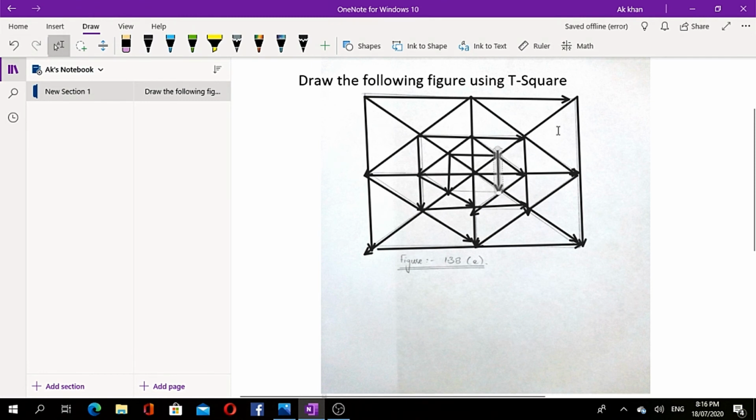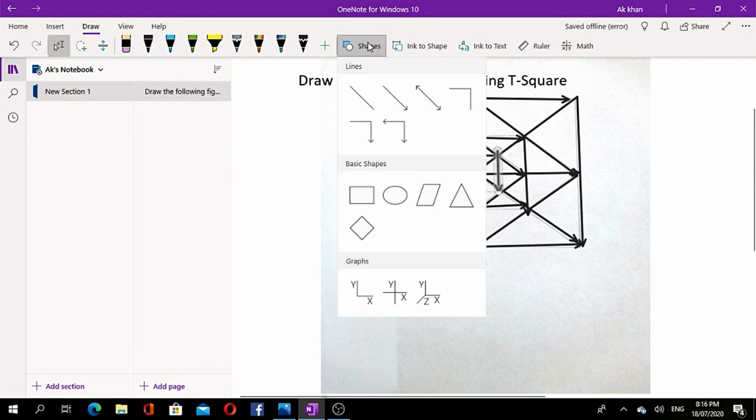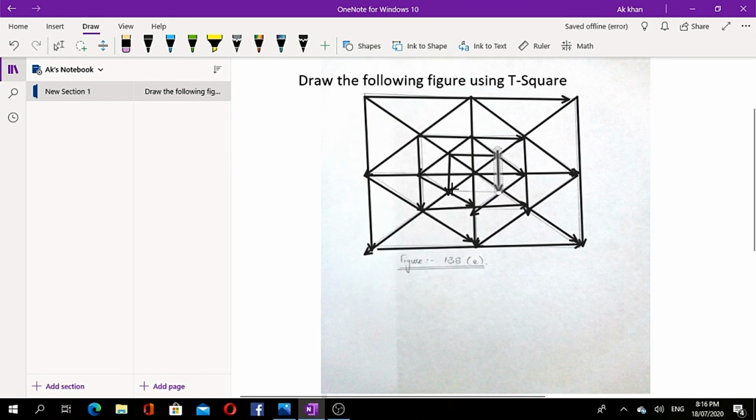Now join these two, this and here, and here is your required diagram.